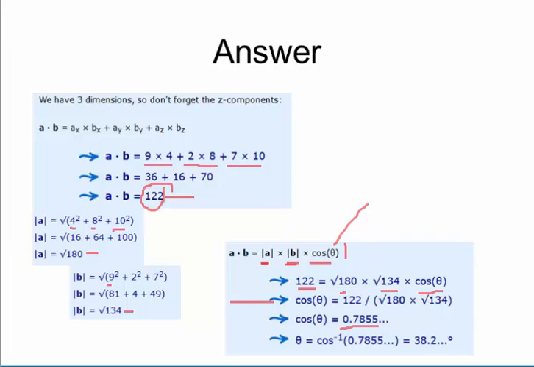It's the angle whose cosine is 0.7855, which is equal to 38.2 degrees. So if you get the idea here, we've actually used both definitions in order to calculate the angle. That is quite important, everybody. Okay, fantastic.